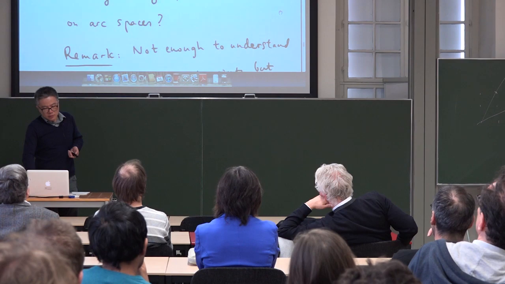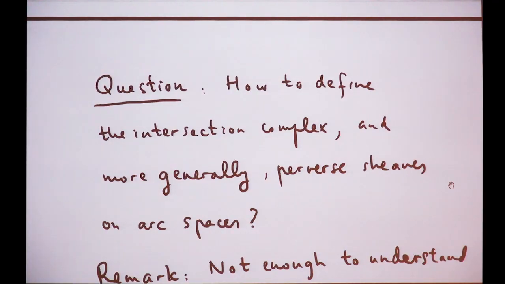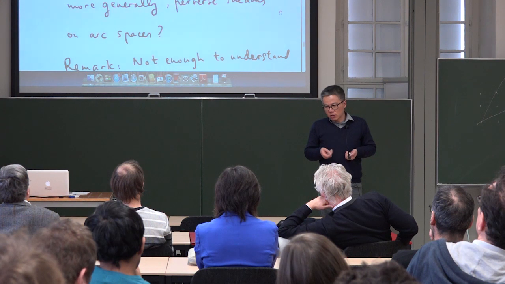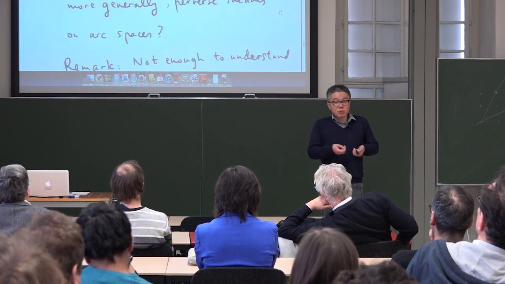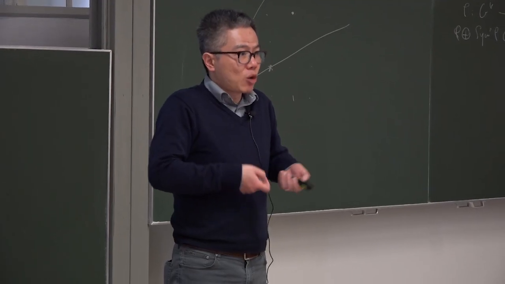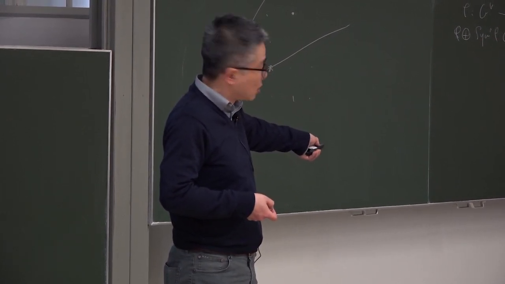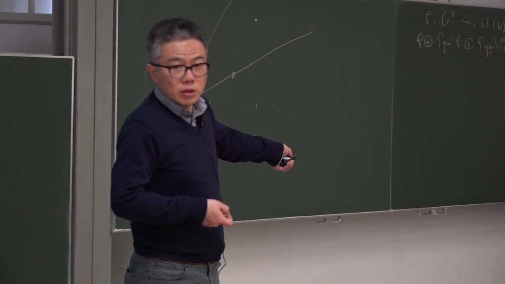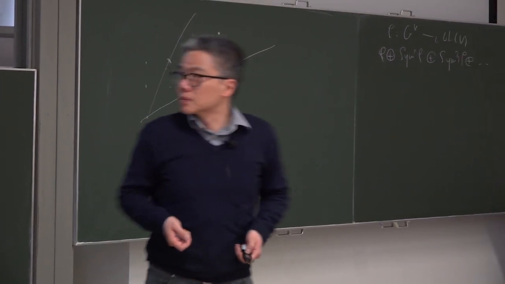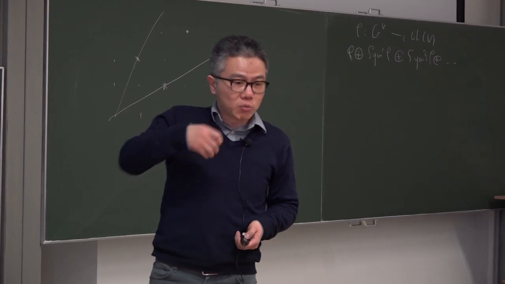So now, the question is how to define the intersection complex, and more generally perverse sheaves, on those arc spaces, because we didn't know that they encode some very complicated, very meaningful functions for harmonic analysis that cannot be treated by combinatorics. This is the typical thing that goes beyond what combinatorics can deal with, when Sym of Sym. But it can be encoded by topology.